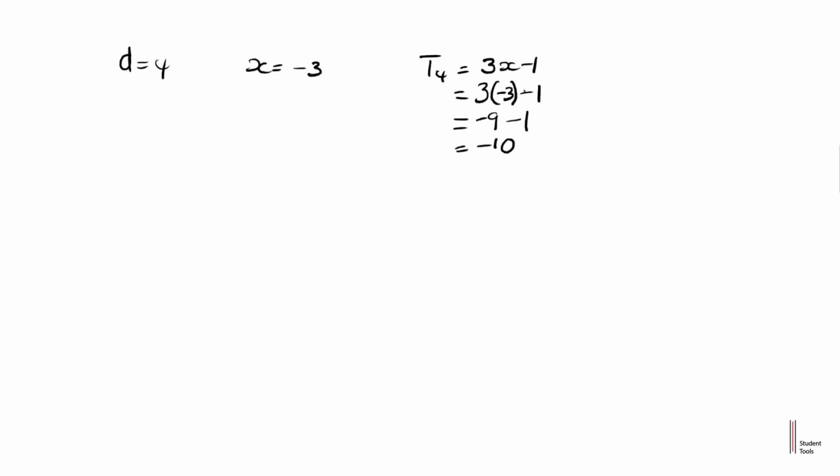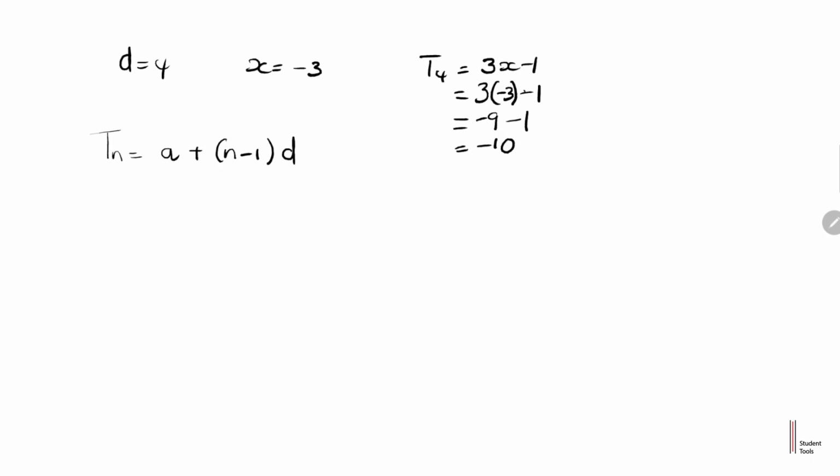Okay, now that we have this information, let us try and find the first term of the series. So we were told here that this is an arithmetic series. And with an arithmetic series, we have this formula. Tn is equal to a plus n minus 1 times d. Because we are trying to find the first term, we have to find the value of a.